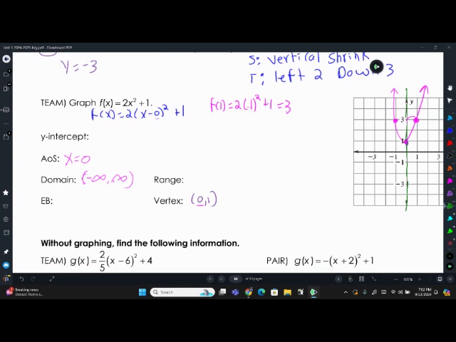And then our range, well, it opens upwards, so it's the y-coordinate of the vertex, comma, positive infinity. And end behavior, both ends are going up. So as x approaches negative infinity, y approaches positive infinity, and as x approaches positive infinity, y approaches positive infinity as well.